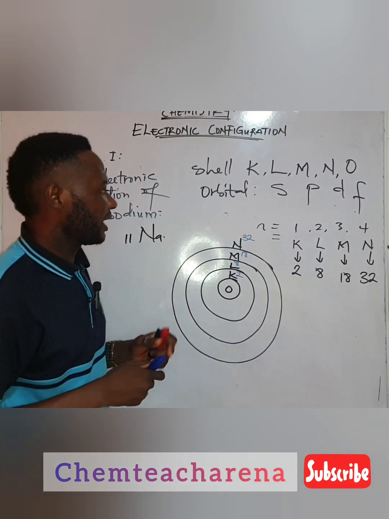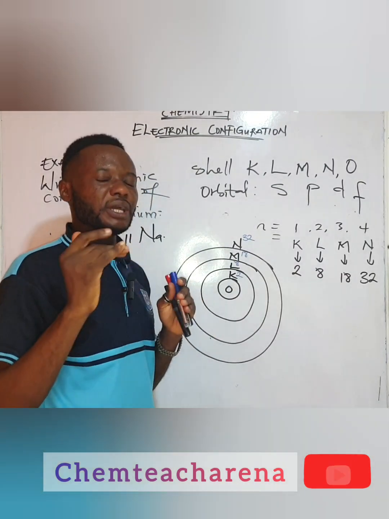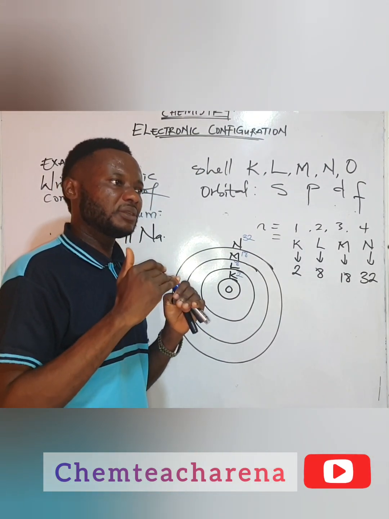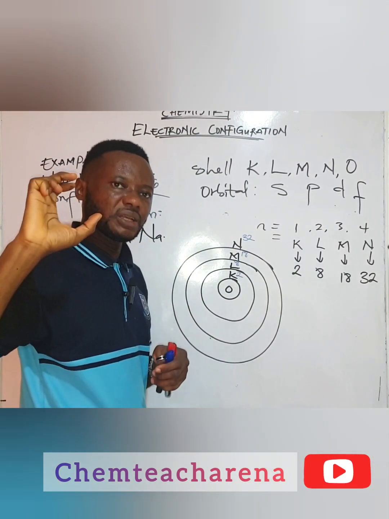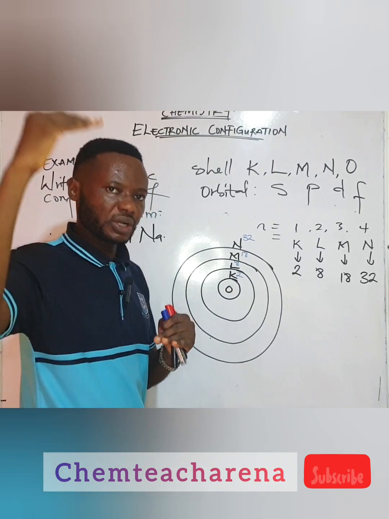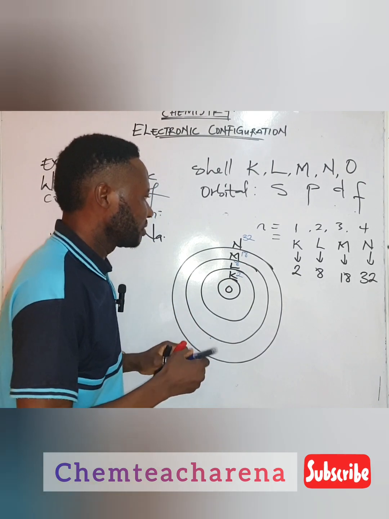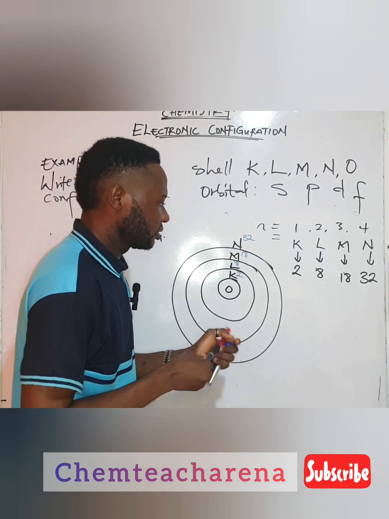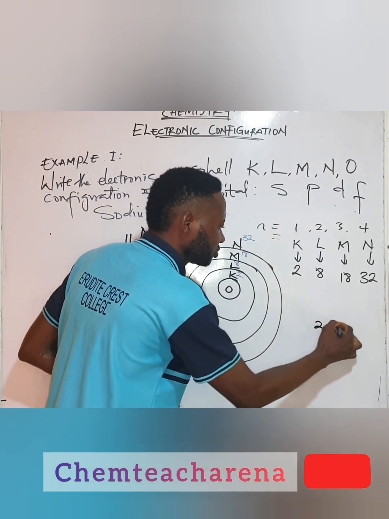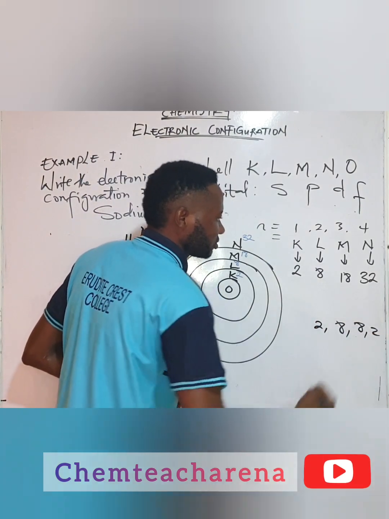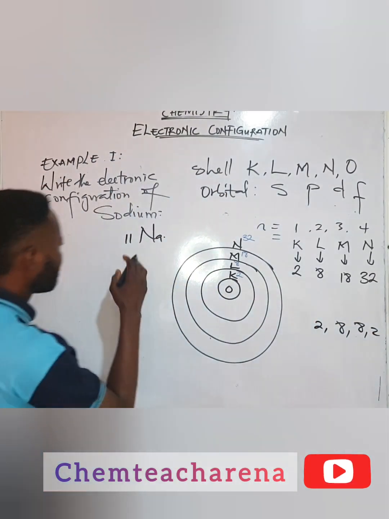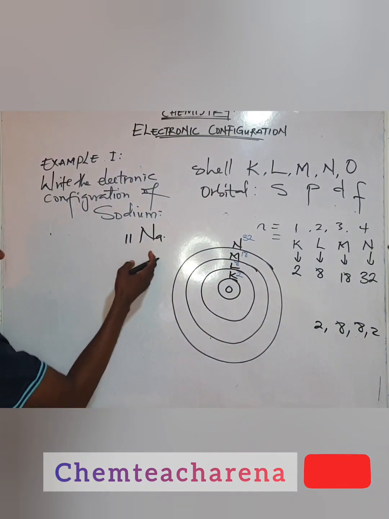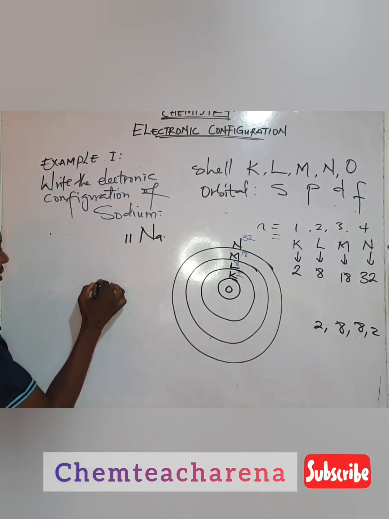So now, I said if your electronic configuration is within the first 20 elements, from hydrogen to calcium, you can simply use 2882. Now, sodium here is what? 11. Now let's draw the electronic configuration.